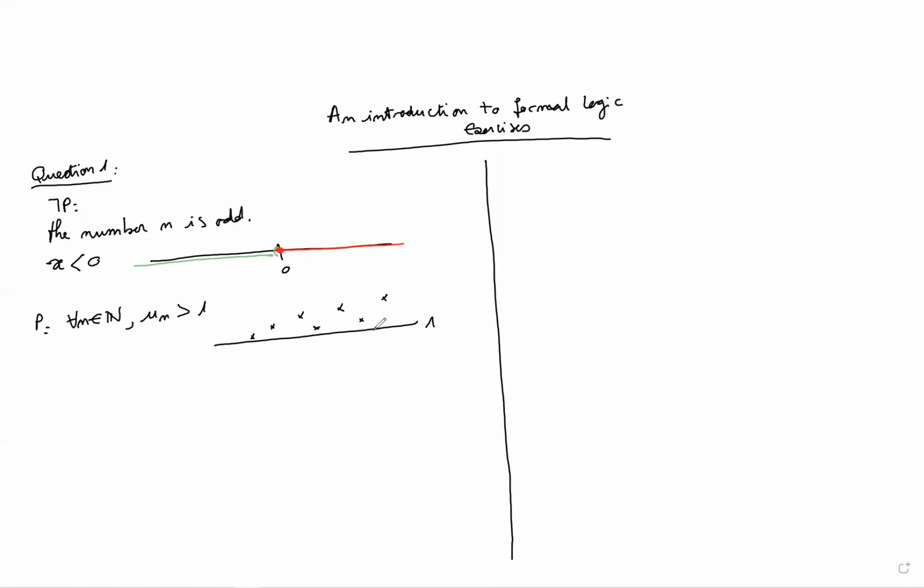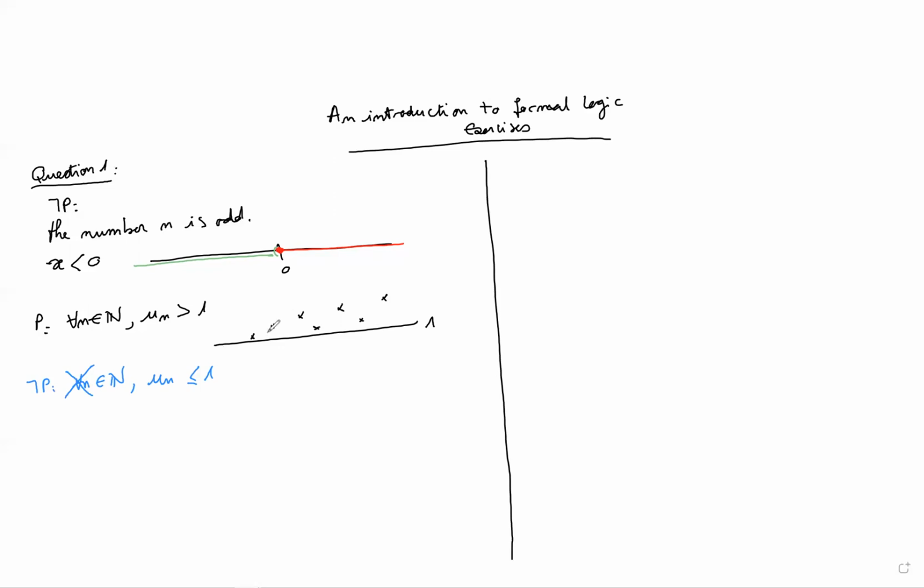Probably many of you wrote this as not P: for n, un is maybe inferior to 1, or inferior and equal, or I don't know. But this is not true, even if you wrote that.